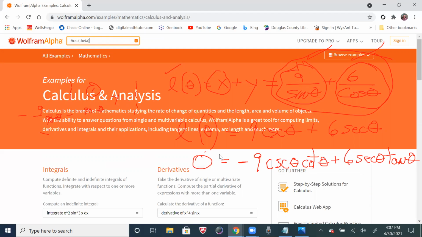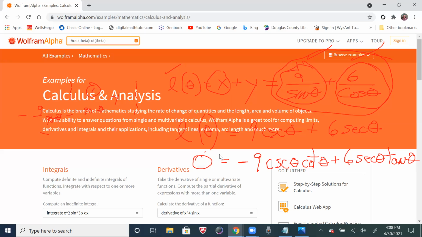Oh, wait a minute. I made a mistake on my end. Plus 6, no, whoops, hold on. Times cotangent of theta. And that is equal to, no, this isn't going to give me the answer, I don't think. Negative 9 cosecant plus 6.